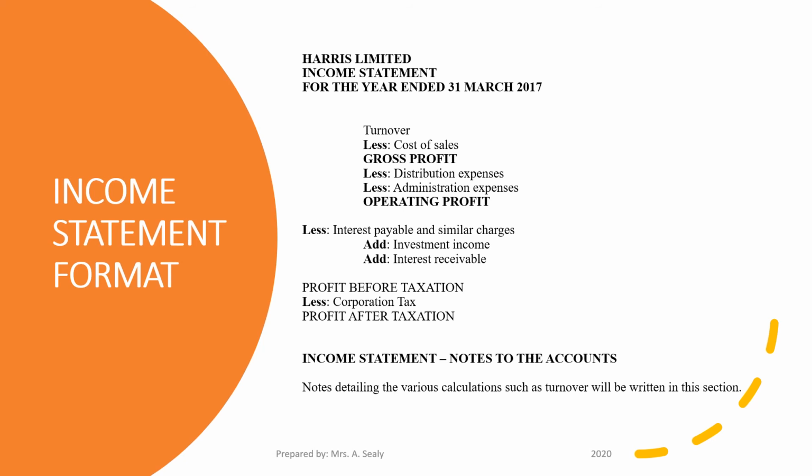How did we arrive at turnover? What figures did we use to come up with our turnover? What figures did we use to come up with cost of sales? Which figures did we use to come up with our distribution and selling expenses? Which figures did we use to come up with our total administration expenses? Basically, that is what we're doing in the notes to the account section.